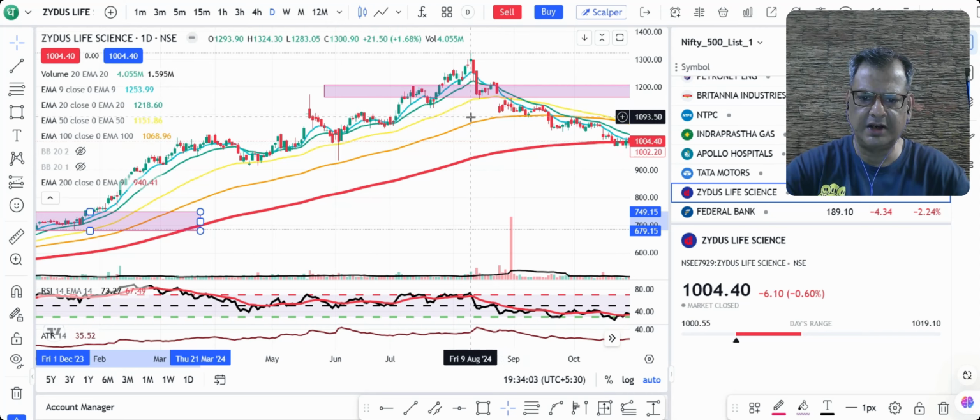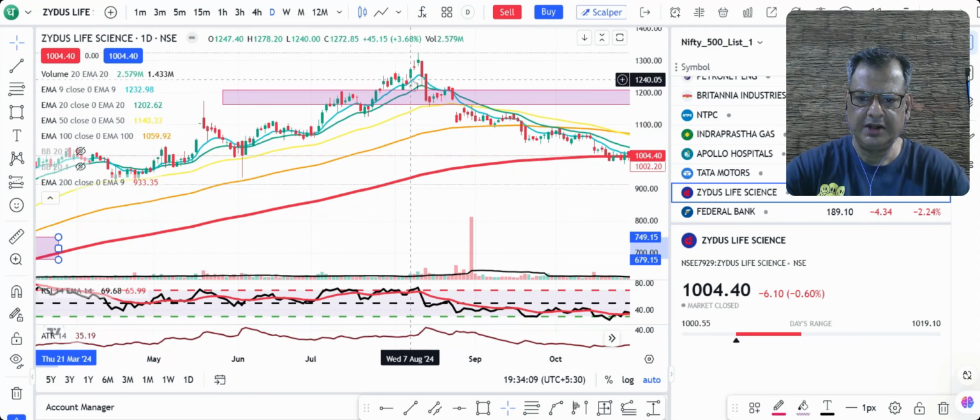basically an evening star, where the bulls are already taken out. If you see these wicks, there's a lot of selling pressure here, and then you have an evening star, and buyers try to fight back, but then you have a nice bearish Marubozu.